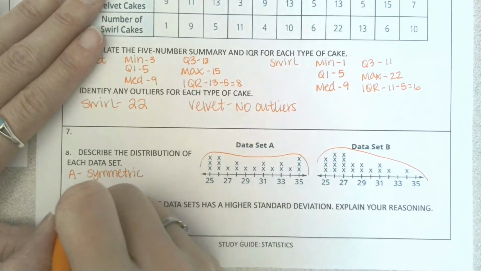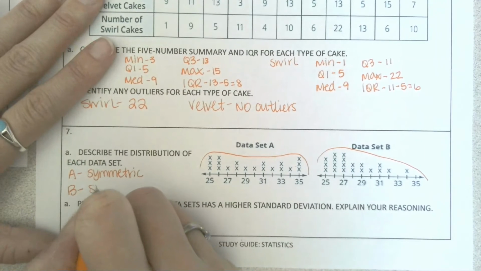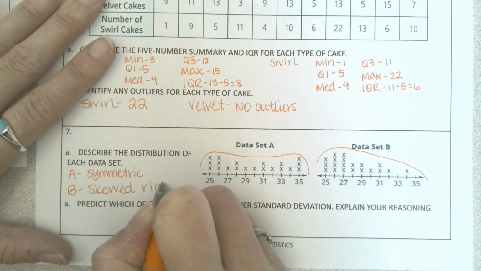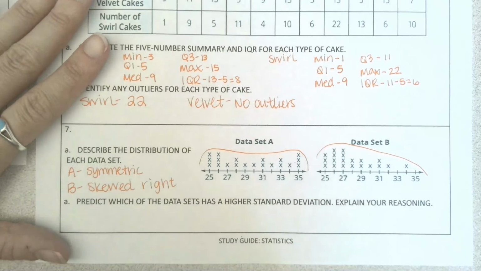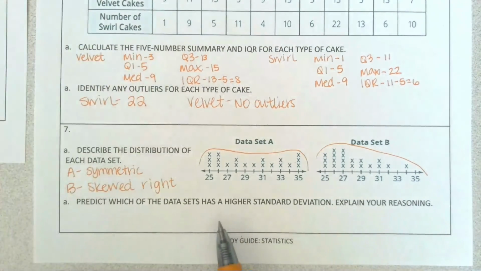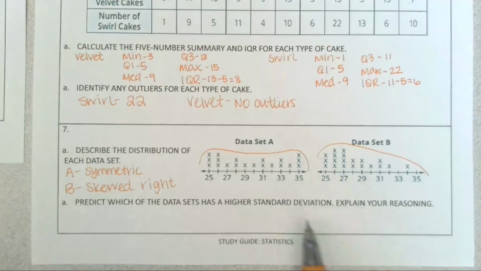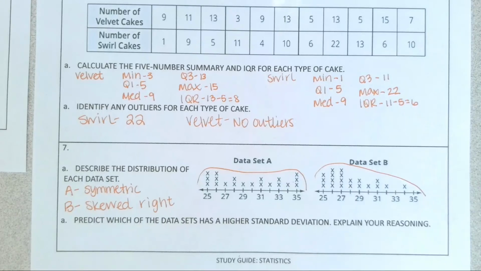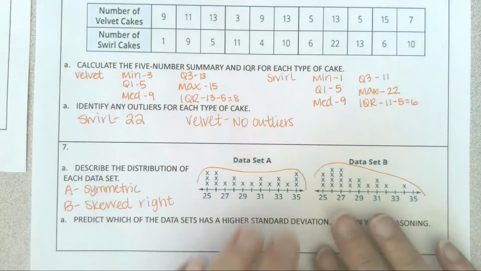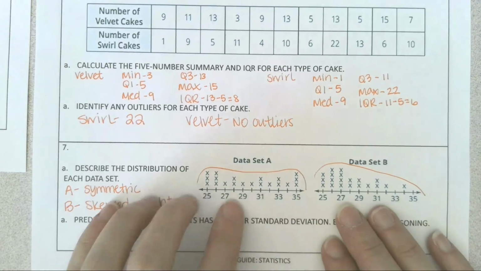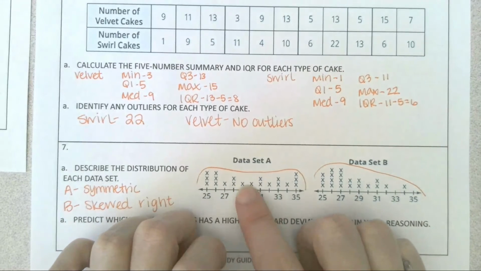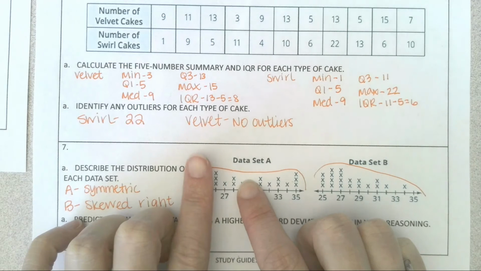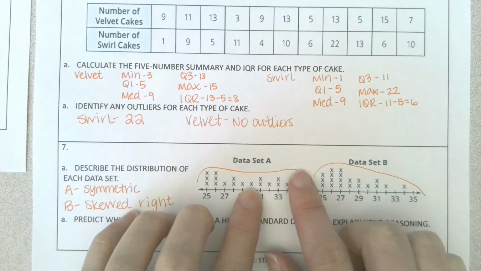Data set B is quite obviously skewed, and the lower side is on the right, so that is definitely skewed to the right. Now it says predict which of the data sets has a higher standard deviation and explain your reasoning. Okay, so between these two data sets, we talked about how the middle is right about here, and there are a lot of values to the left of that and a lot of values to the right of that.